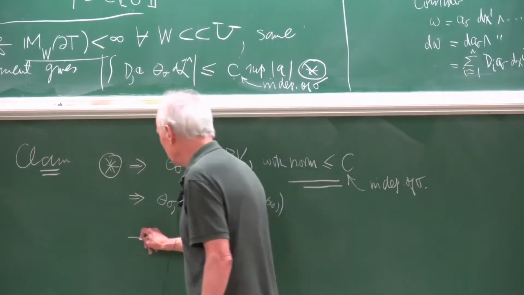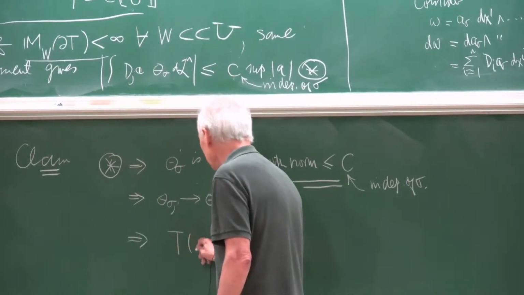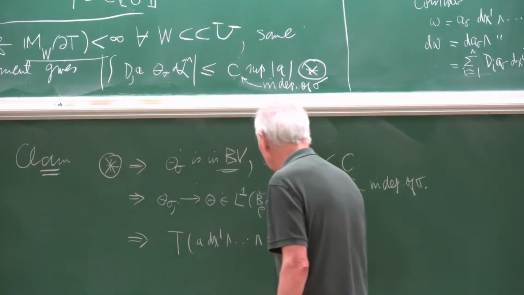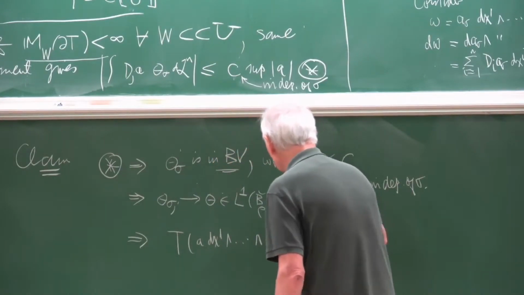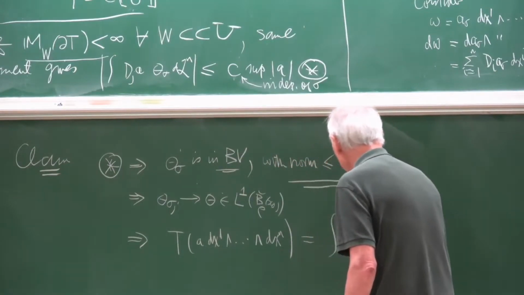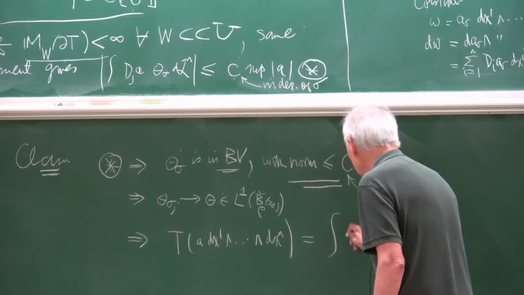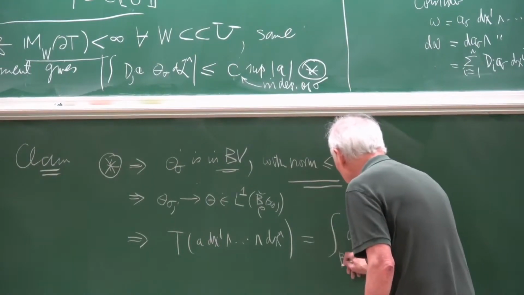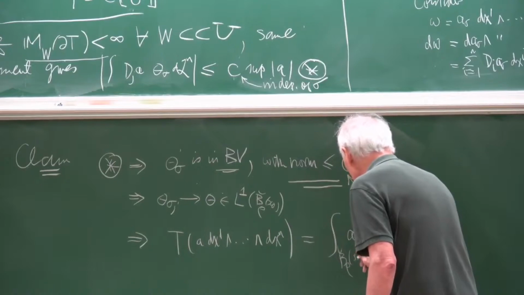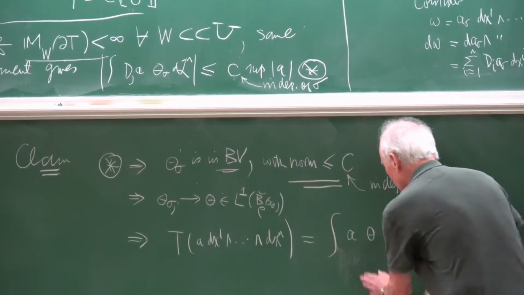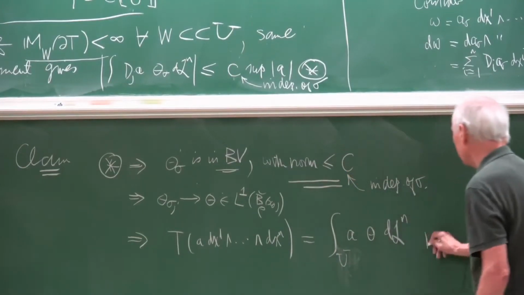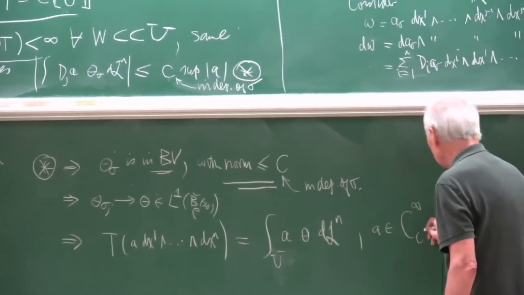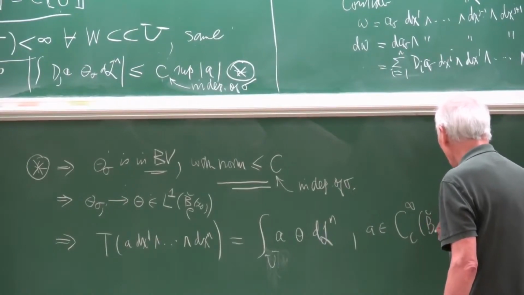You get that T can be represented in terms of a BV function, namely theta A theta dln, integral over B rho x0. You can write it integral over U because in any case A's got compact support. So this is for A in C infinity with compact support in the open ball.